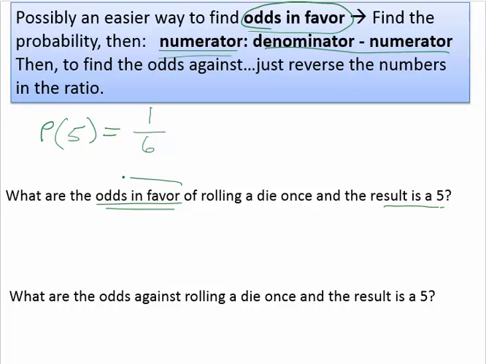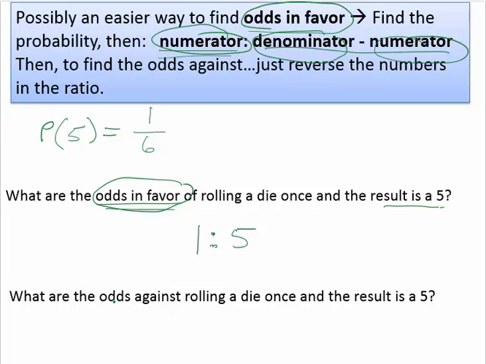Now, to change that to the odds in favor, you just simply put the numerator, the top number, which is a 1, as a ratio to the bottom, or the denominator, minus the numerator. So let's take the 6 minus 1 and we get 5. So that's how easy it is to do odds in favor. The odds in favor of rolling a die and having the result be a 5 is 1 to 5.